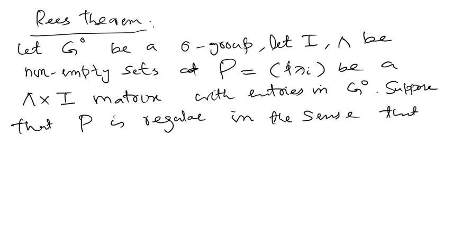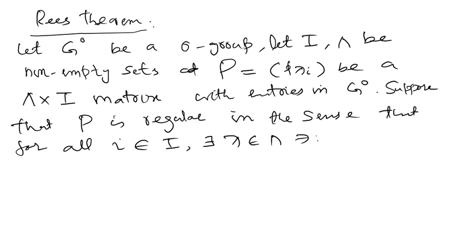I will write that in mathematical form: for all I in capital I, there exists lambda in capital lambda such that P lambda I is not equal to 0.